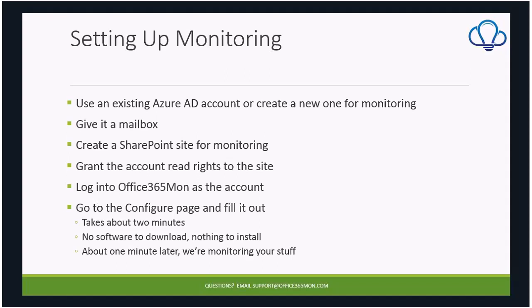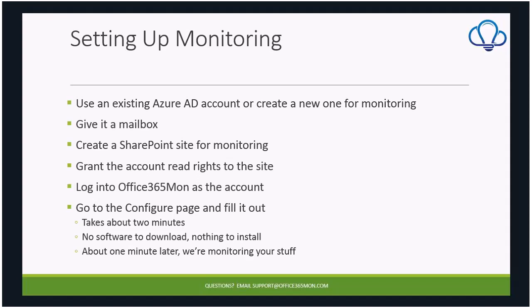That's probably a good point to explain this part of it. When you go through this process of configuring Office 365 Mon for us to connect to these resources, you type in the UPN of a mailbox, or the URL to a SharePoint site, and you click a button, and that redirects your browser to Azure AD.